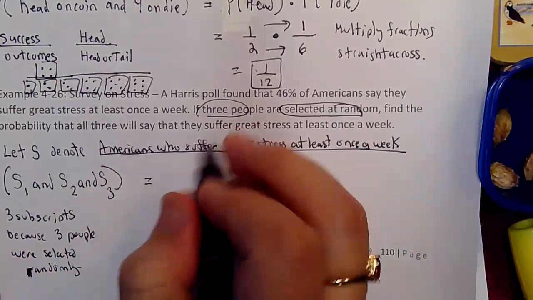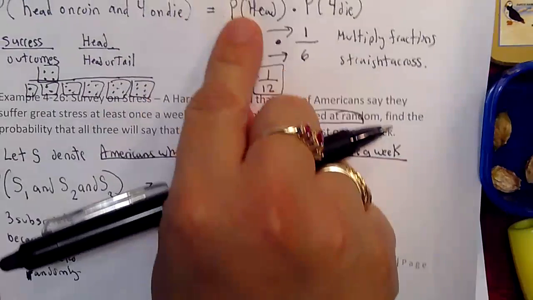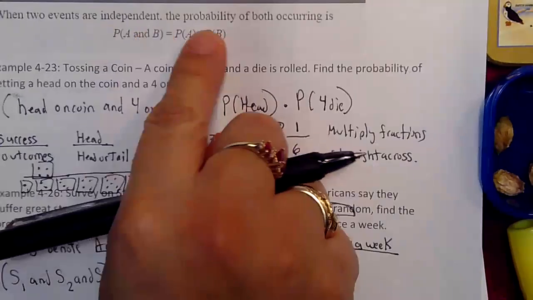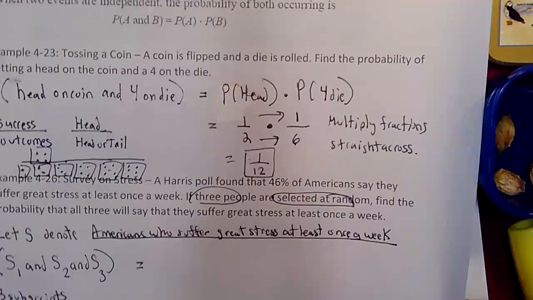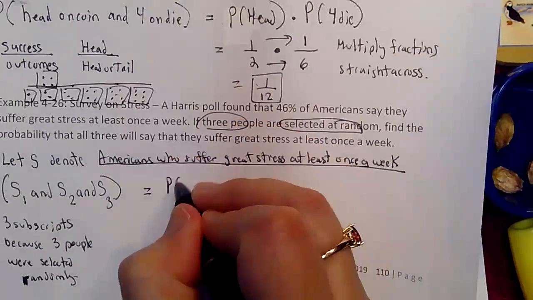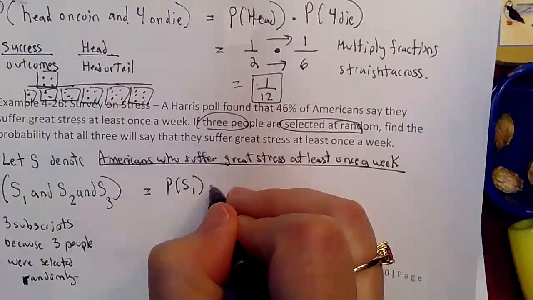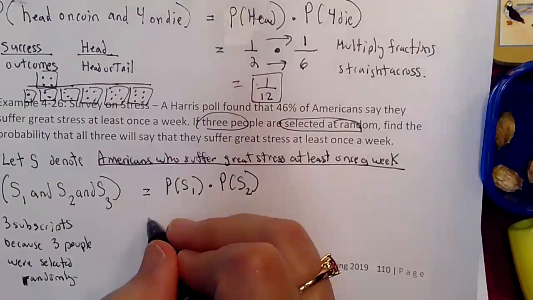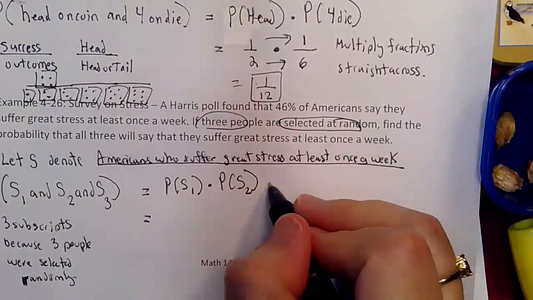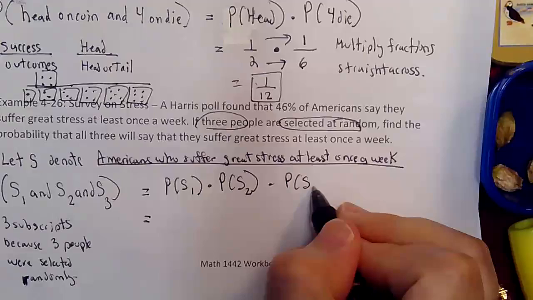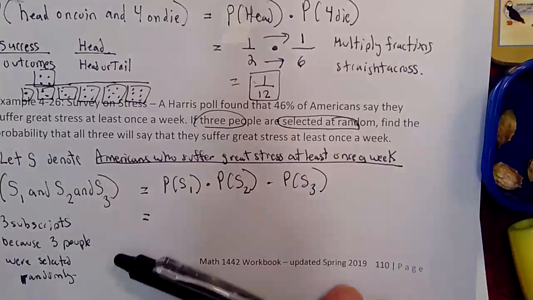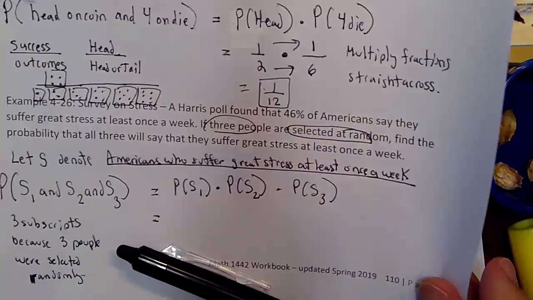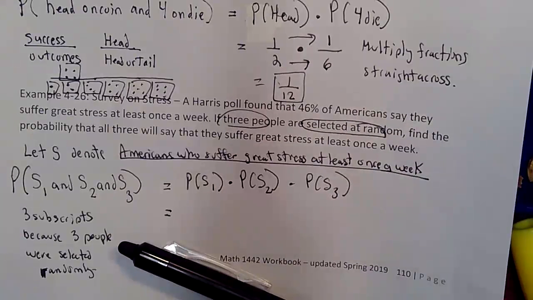And then for this part of the vocabulary, I have the probability of S sub 1 times the probability of S sub 2 times the probability of S sub 3. Now, these probabilities happen to be the 46%.